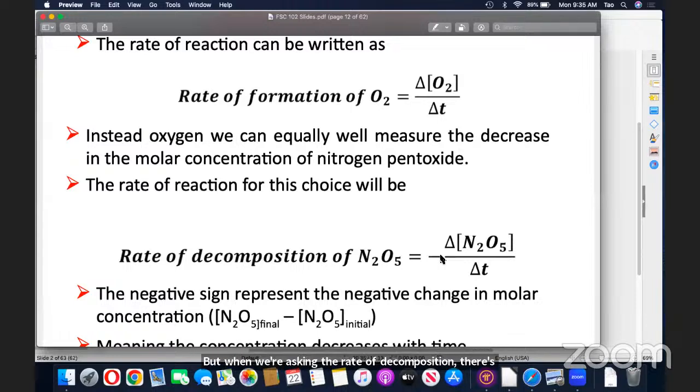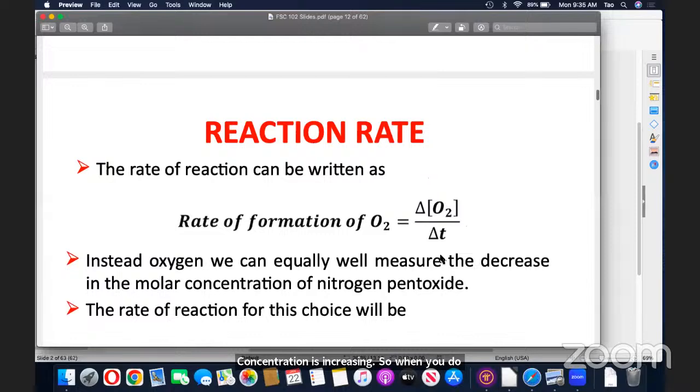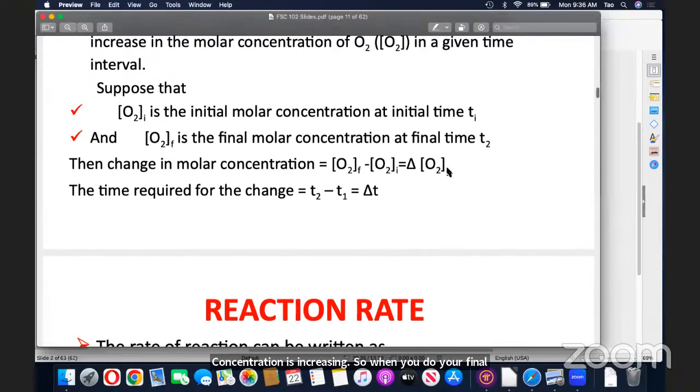The reason for that is simply because when you're using a product to determine your rate of reaction, concentration is increasing. So when you do your final minus initial, like we did here, you're going to get a positive value because it's a product.